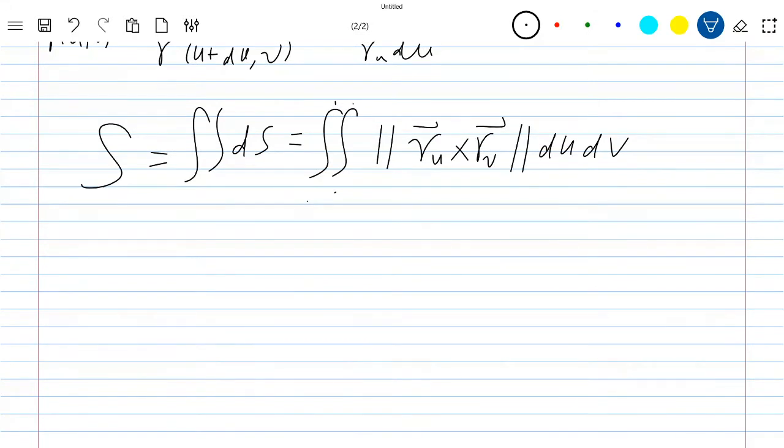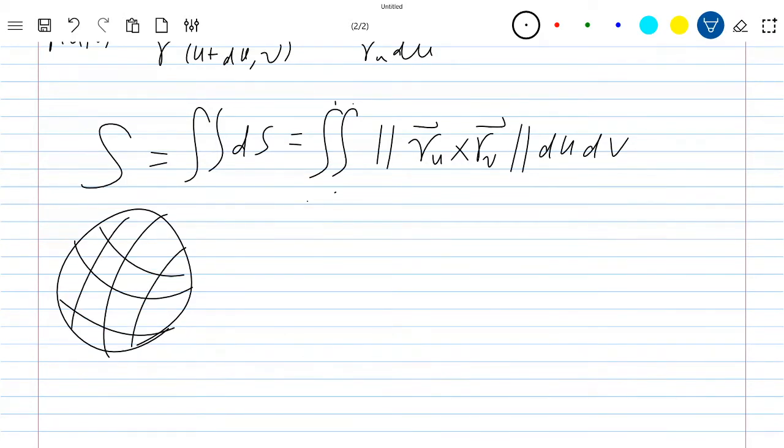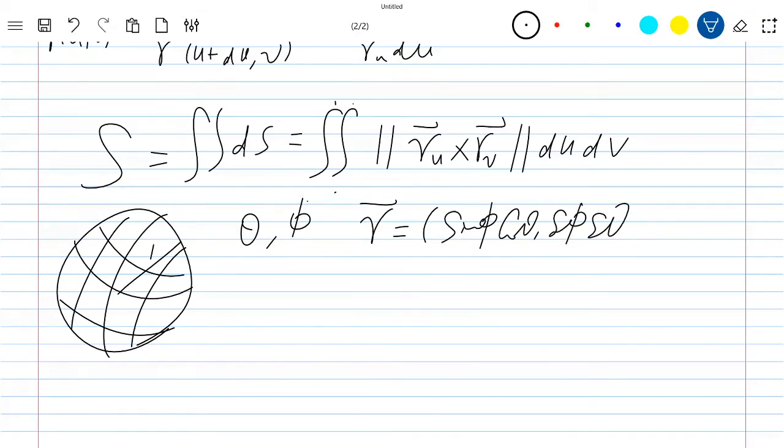And let's see an example. Say we have a sphere. As we said earlier, we can just use theta and phi, and suppose the radius is 1. So you will have the parameterization r equals sine phi cosine theta, sine phi sine theta, and cosine phi. Let's find the surface area.